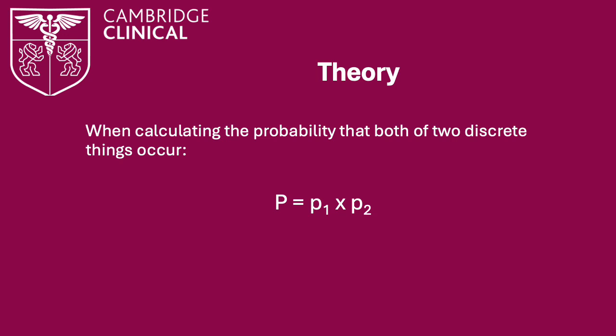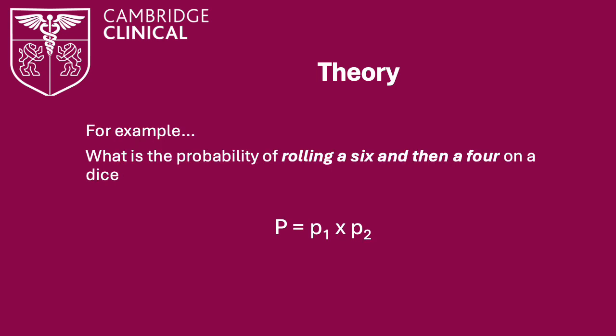The other slightly harder probability questions are those that ask you to calculate the probability of both of 2 discrete things occurring. And so for this, we multiply the 2 probabilities together. So once again, returning to the example of the dice, we can ask ourselves, what is the probability of rolling a 6 and then a 4 on a dice?